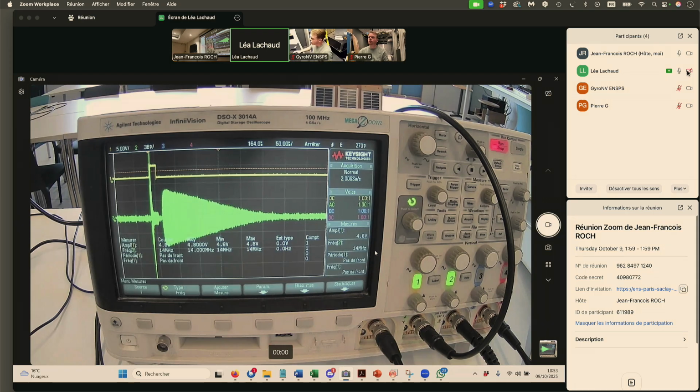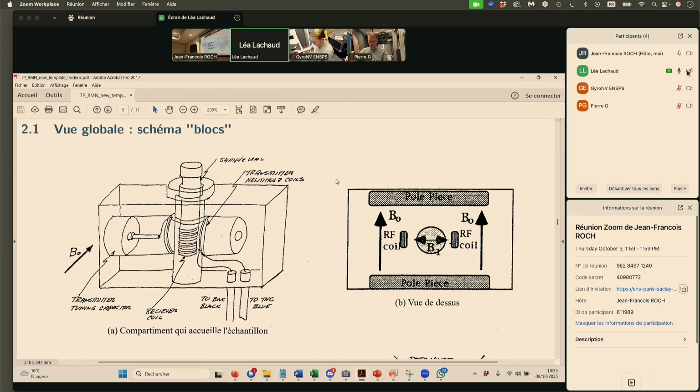Because it is affected by the fact that the B0 static field, generated by the two pole pieces, is not perfectly homogeneous at the sample scale. So all the spins contained inside the sample don't see the same magnetic field.